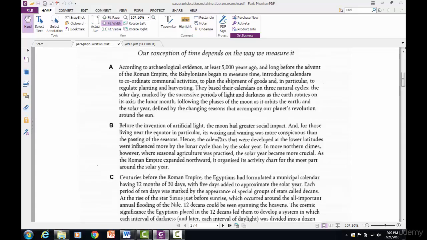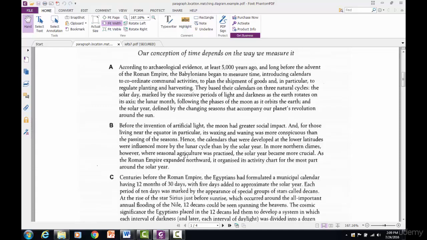It says, hence the calendars that were developed at the lower latitudes. Lower latitudes are talking about geography. And then the next sentence, in more northern climes, clime is short for climate. Again, we're talking about geography.